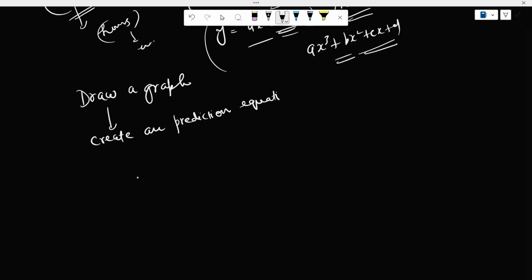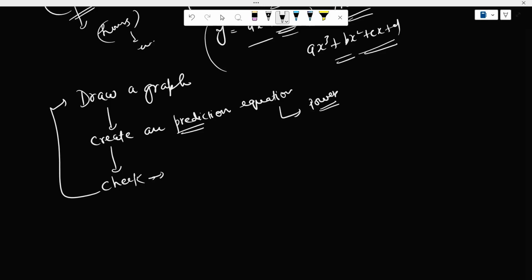That equation could be a linear equation or a polynomial equation. After creating the equation, you will check. How will you check? Draw the graph again, after creating a prediction model by deciding the power of the equation.